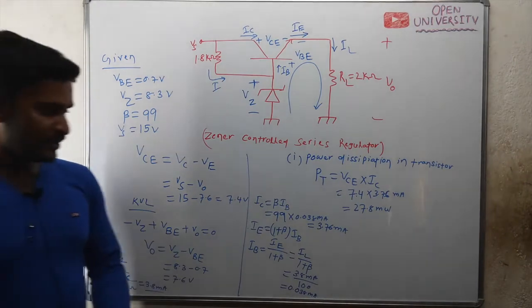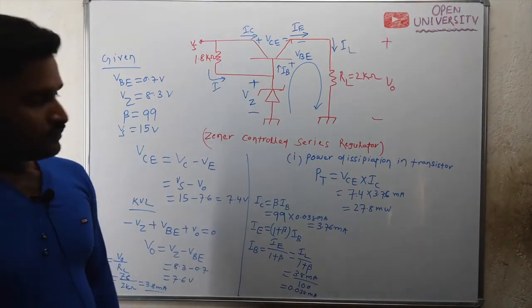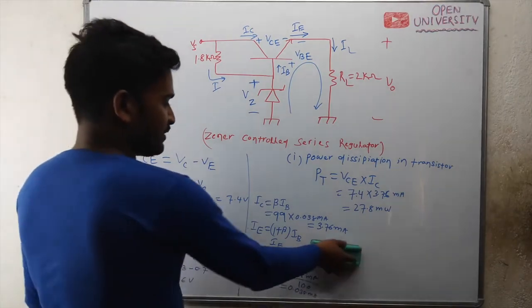Then what will be the power dissipation in the Zener diode?